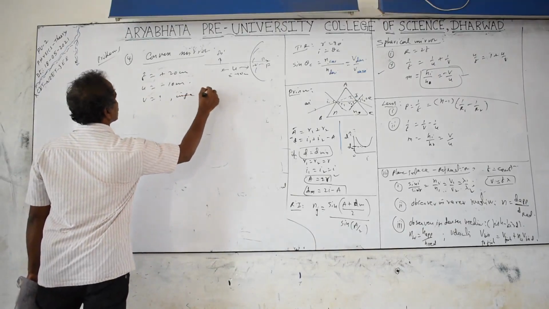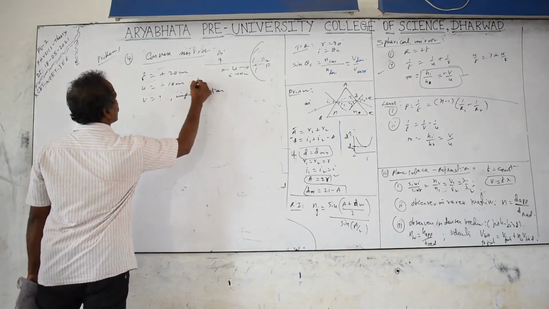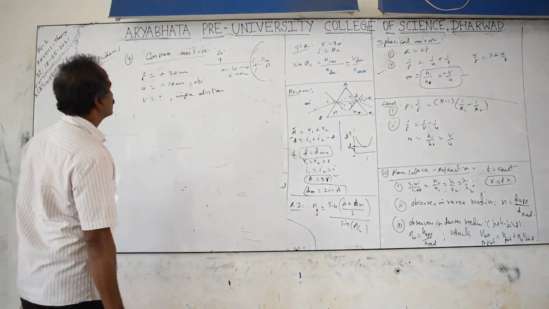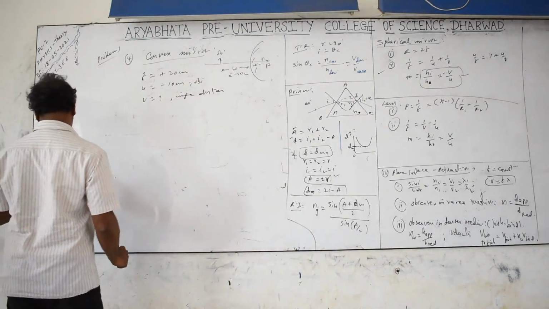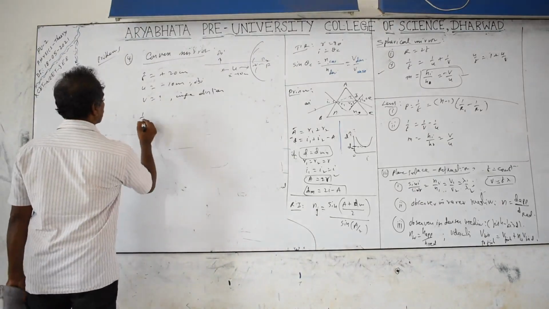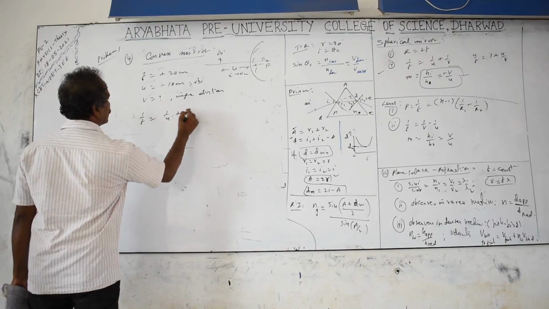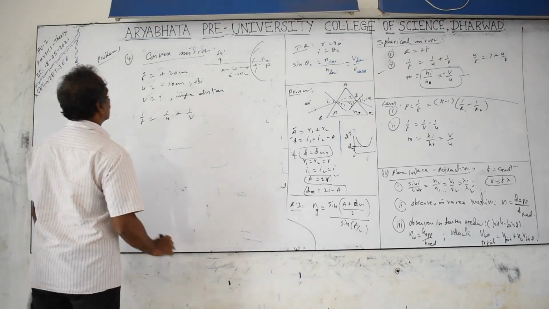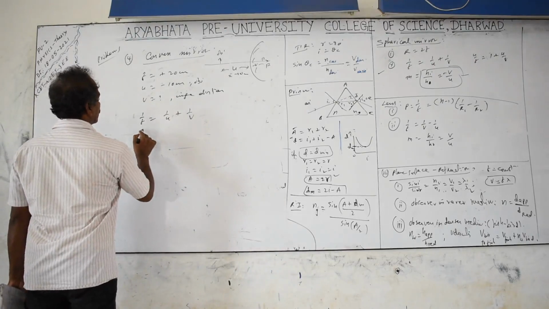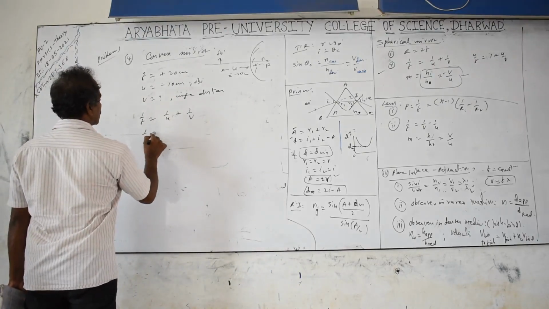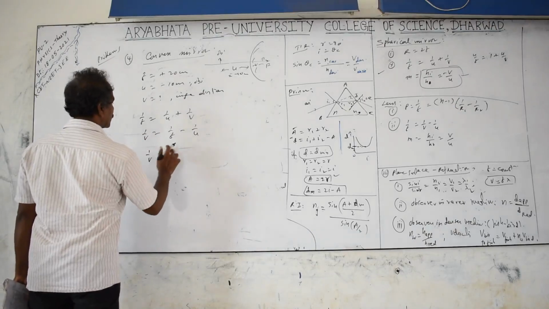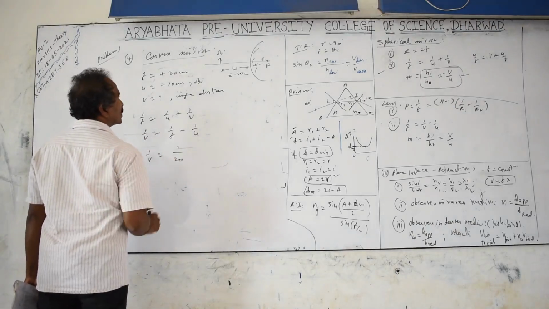This is the object distance. The relation we have is 1 by f equals 1 by u plus 1 by v. Magnification is not related here. U is given, f is given, and we have to find v. F is 20, so 1 by v equals 1 by f minus 1 by u.